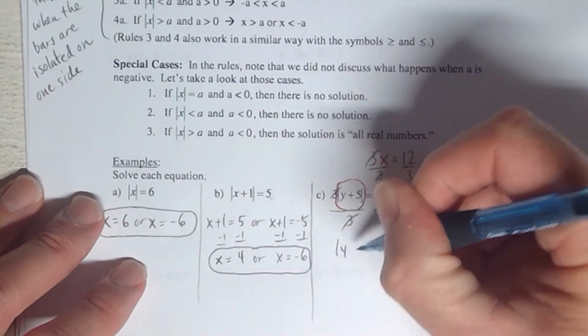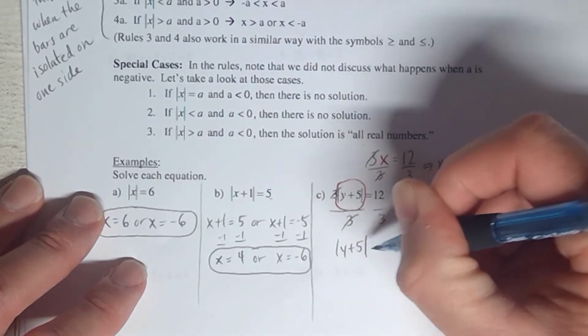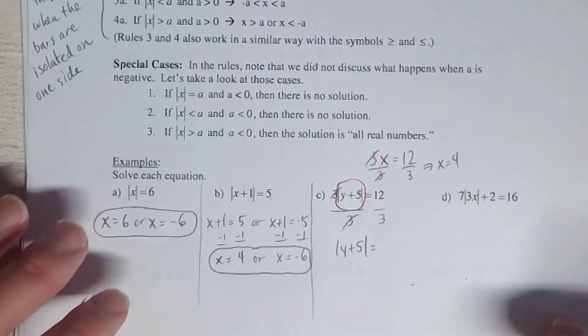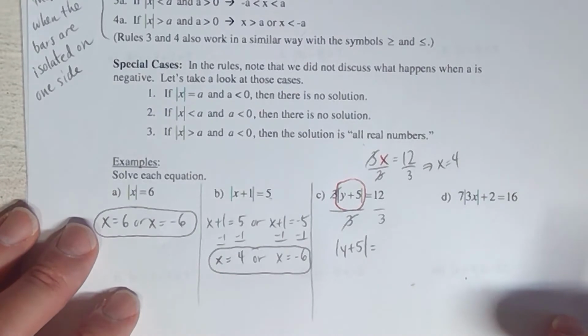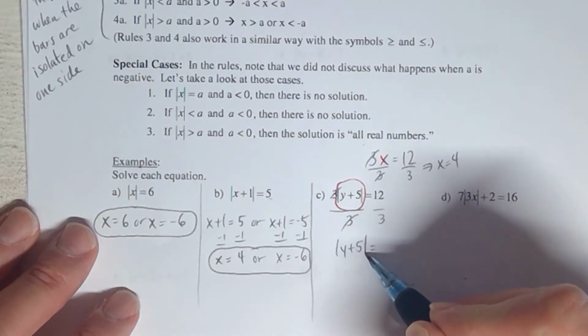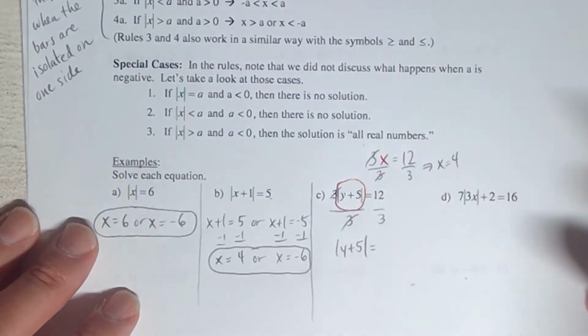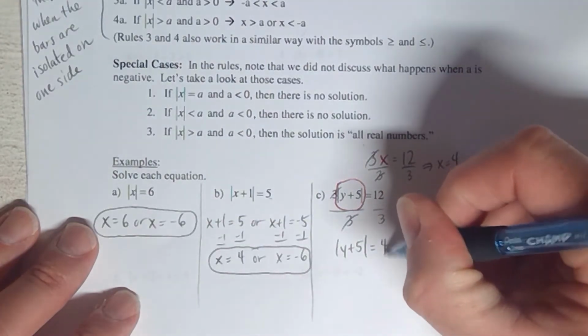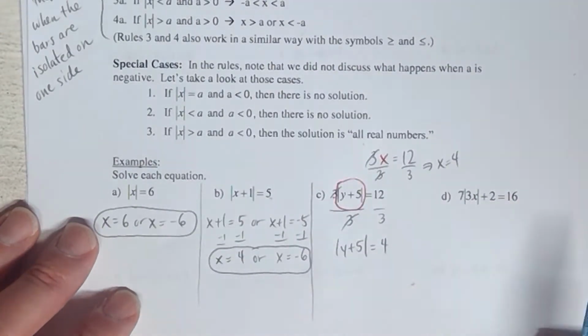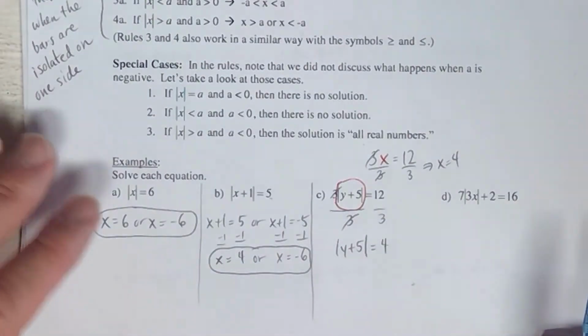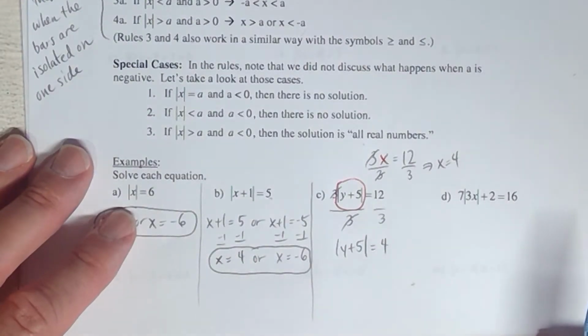Since the bars and the x variable are playing the same role right now, that means that the bars now should be by themselves just like the x was, and it should be equal to the same number on the other side, 4. You should have a similar result.